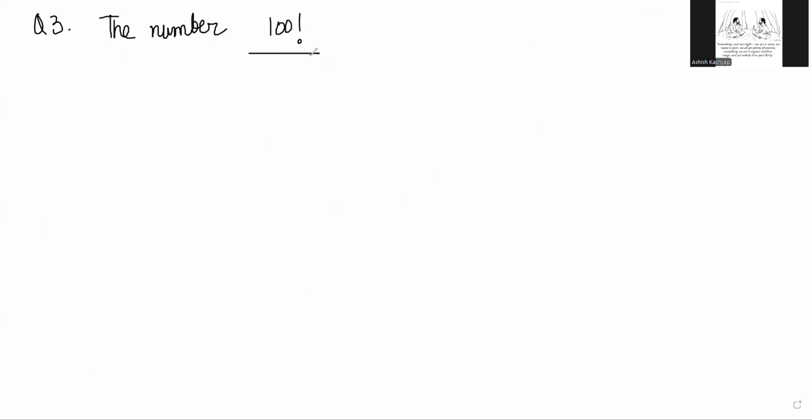Okay. Let's look at this one. The number 100 factorial divided by 10 to the power 50 was written as an irreducible fraction. Find its denominator.